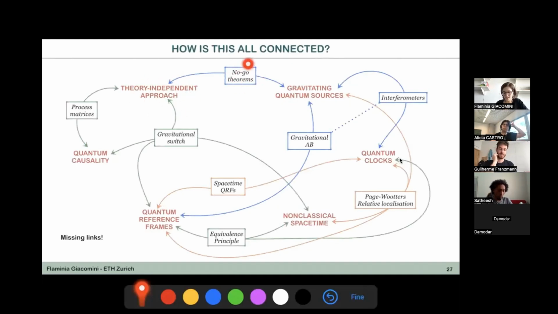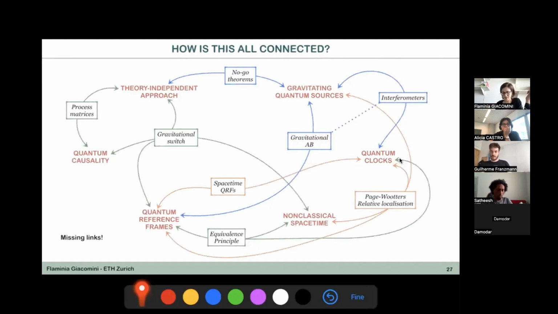We have also seen in the second lecture no-go theorems that use explicitly generalized probabilistic theories to talk about the quantum and gravity interface. Now we have seen this gravitational Aharonov-Bohm effect, where we would like to connect quantum reference frames to this field of having a quantum source of gravity via these transformations.